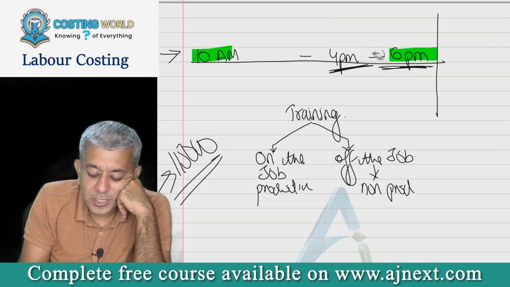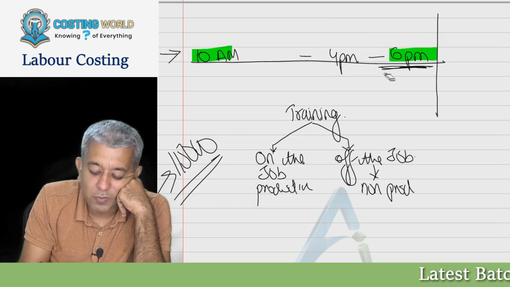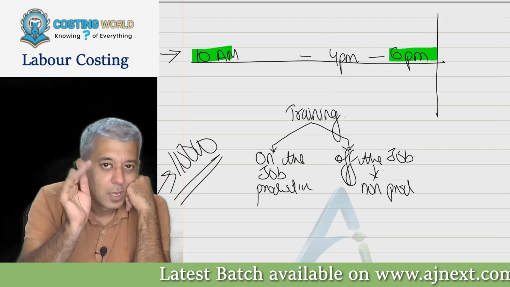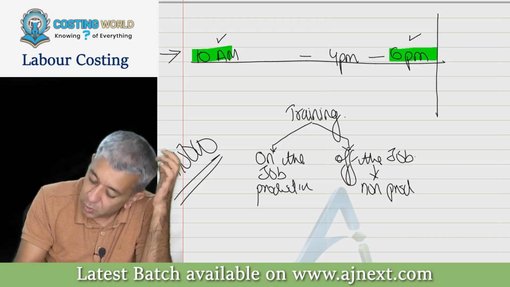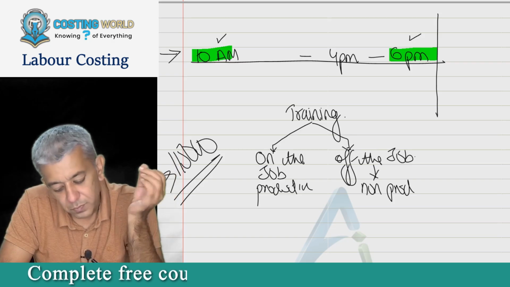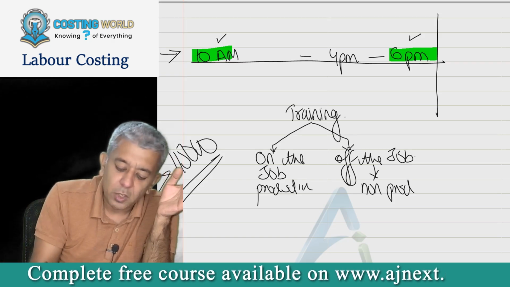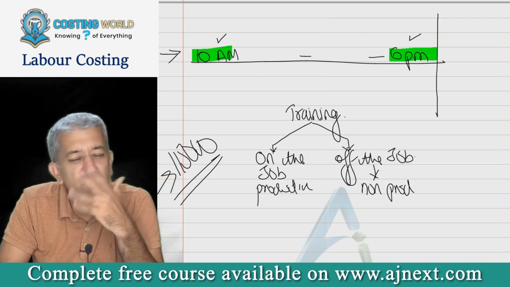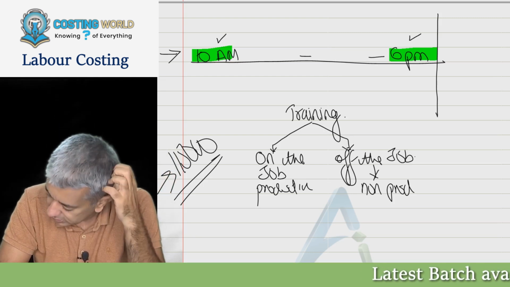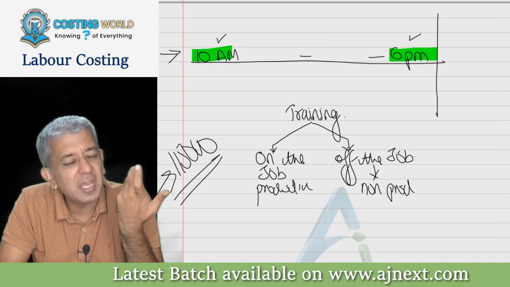Now I am trying to justify how the answer of 1 lakh will come. My existing workers were working from 10 a.m. to 6 p.m. Labor turnover happened, they all went away. New workers came, and they were useless workers, they had no talent.